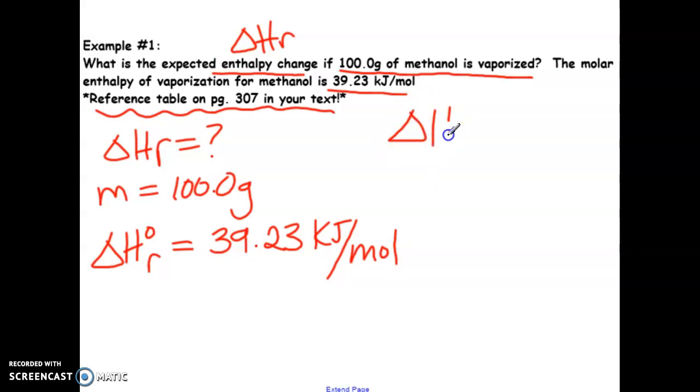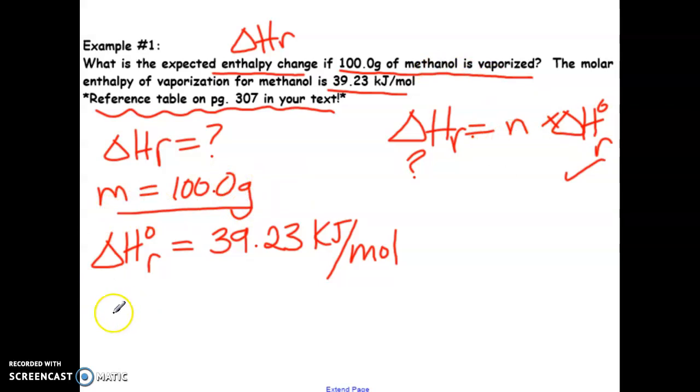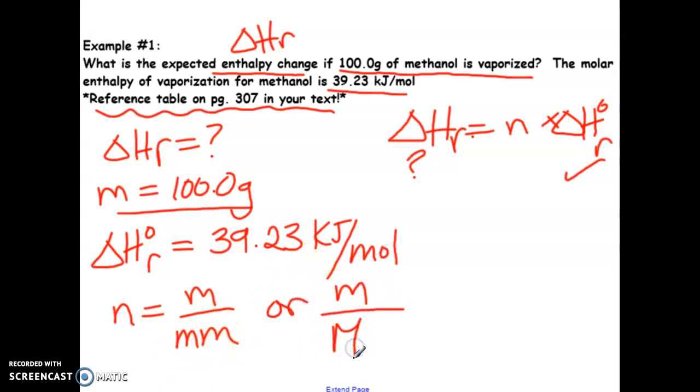Okay, so let's take a look. Our formula is delta HR is equal to n times delta H naught. So we have our delta H naught, we're looking for delta HR, and then moles, well, we have the mass of methanol, so we can solve for the moles of methanol. Moles is mass over the molar mass, right? If you remember from grade 11, I use lowercase m over capital M for molar mass.